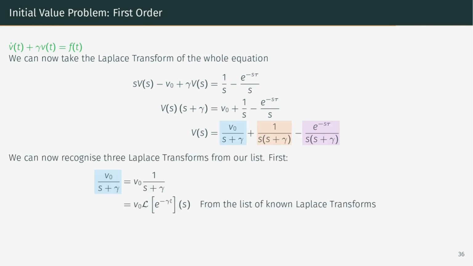From here, we can recognize three Laplace transforms from our list. For the first term in blue, we can see that v0 over (s plus gamma) equals v0 times 1 over (s plus gamma). This then equals v0 times the Laplace transform of e^(-gamma t), which is on our known list of Laplace transforms. For example, see slide 6.